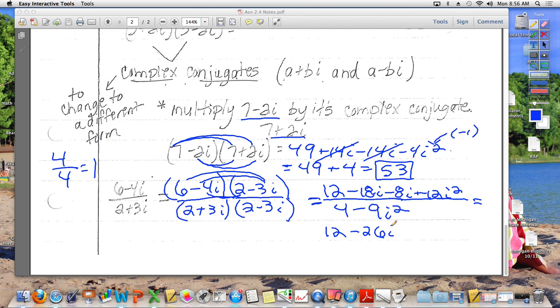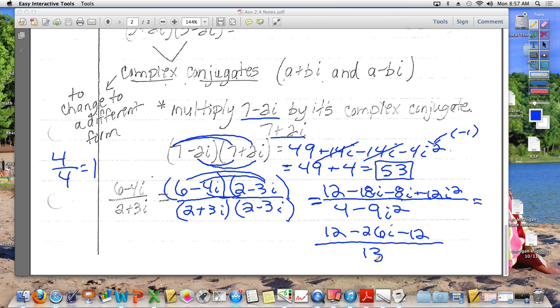Negative 12, because i squared is negative 1. 12 times negative 1 is negative 12. Divided by 4 plus 9. Very good, because i squared is negative 1, negative 9 times negative 1 is 9. So we really have 4 plus 9, which is 13.